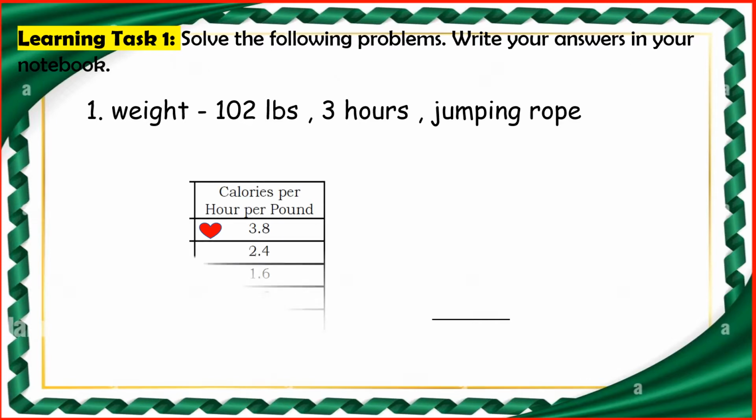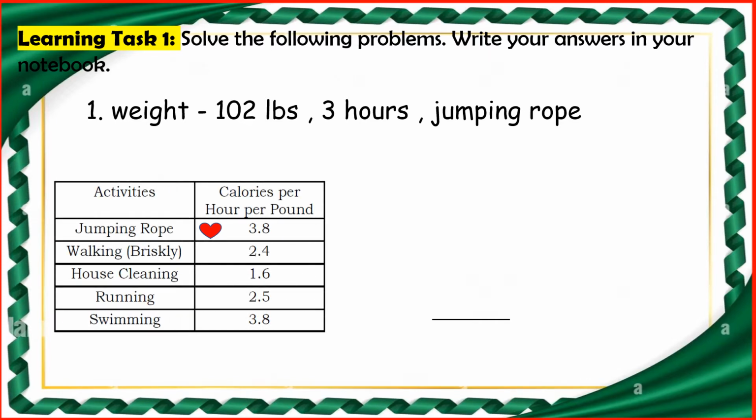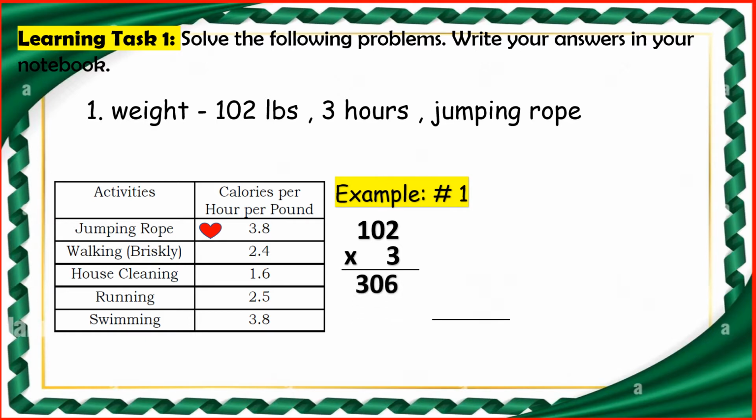So for number 1, the weight is 102 pounds, 3 hours, and the activity is jumping rope. The calories per hour per pound for jumping rope is 3.8. Let us take number 1 as an example. So we have 102 times 3. The answer is 306.